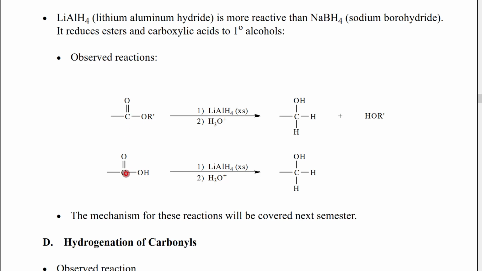For esters and carboxylic acids, what we see is that if we use an excess of lithium aluminum hydride followed by aqueous hydrolysis, we would add two hydrogens here, the OR prime, the alkoxide group of the ester, or even the hydroxide group of the acid would be removed and also replaced with a hydrogen. And essentially, we take this down two oxidation states all the way down to an alcohol. So our product is an alcohol product.